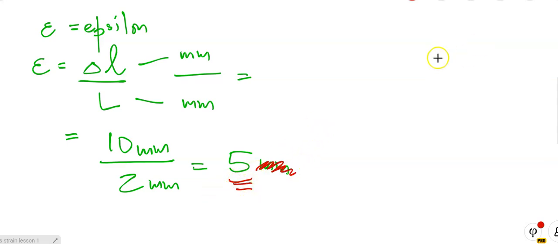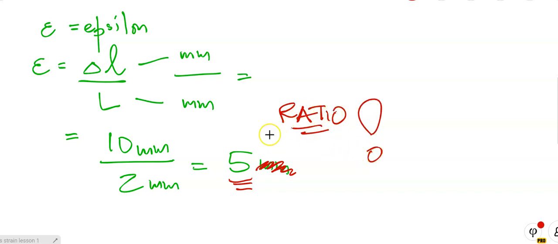Did you get that? So strain is the ratio. Strain is the ratio. I'm making a big fat exclamation mark there. Strain is the ratio of the changing length over the original length.